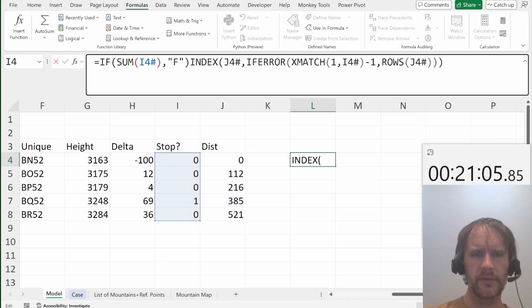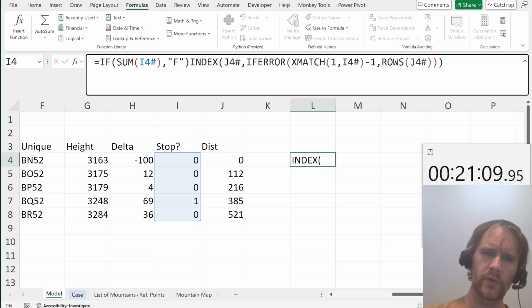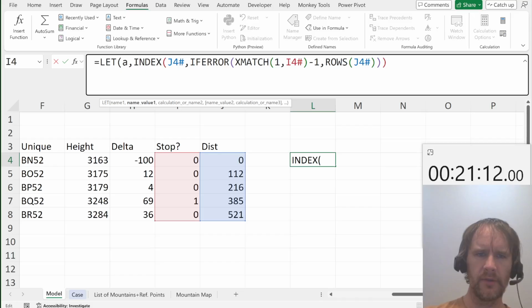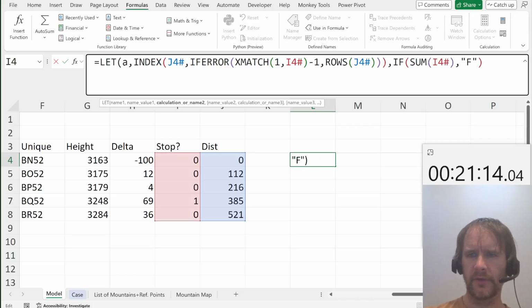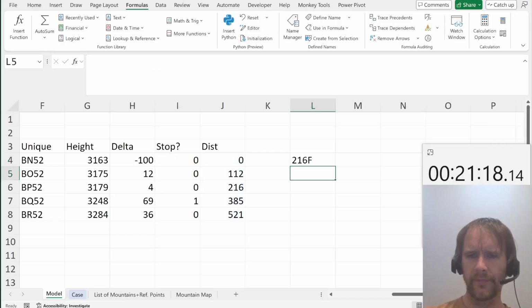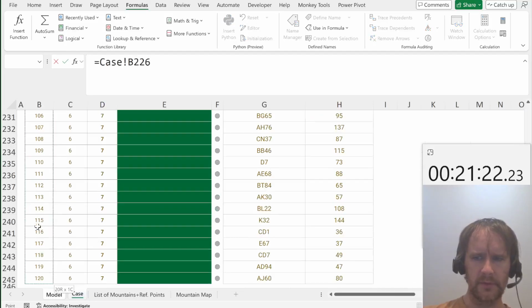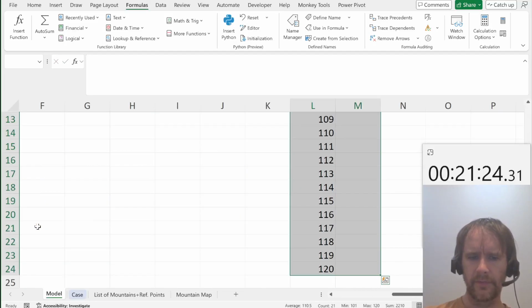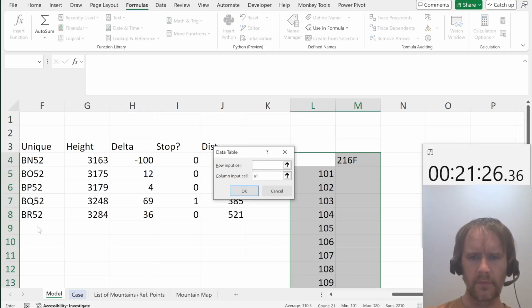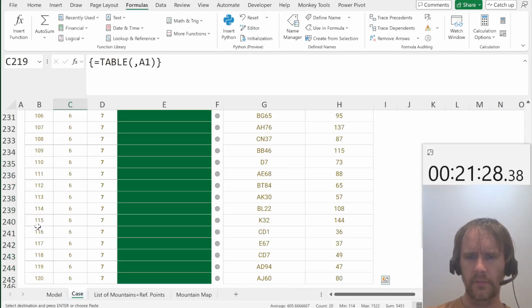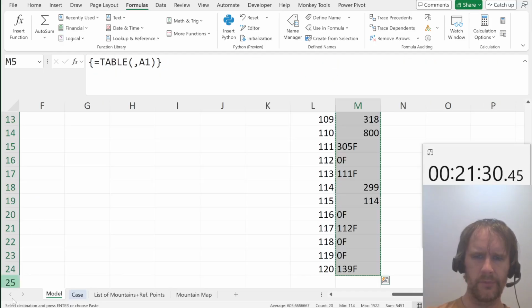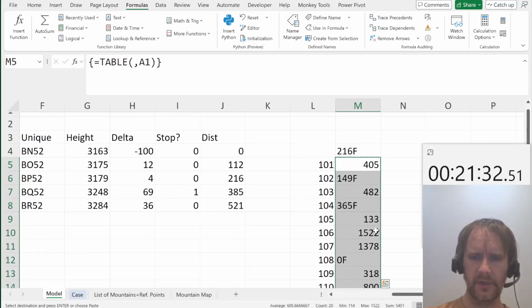If sum of that, then... Oh, never mind. So let's let A be that. I'm going to say if sum of that, then A and F, otherwise A. Okay, and then we'll grab all the levels. Zero. Ooh, 0F is a scary result.